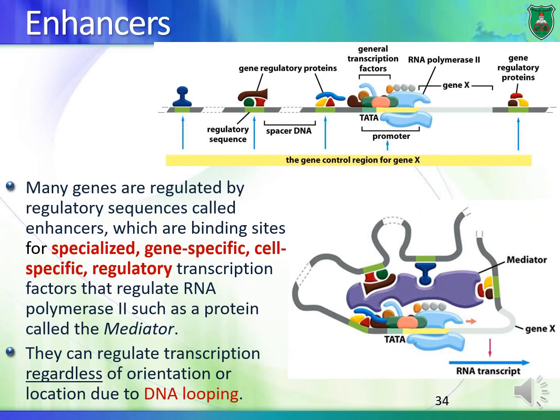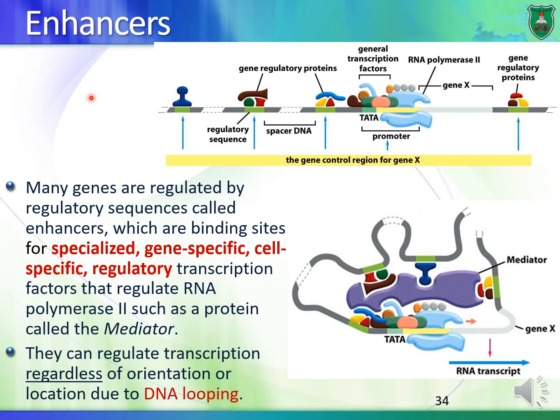Now, in addition to that, we have other regulatory regions known as enhancers. Now, these enhancers, again, are specialized. They're binding sites for specialized, gene-specific, cell-specific, tissue-specific regulatory proteins. Now the enhancers, by the way, can be located anywhere in the genome.